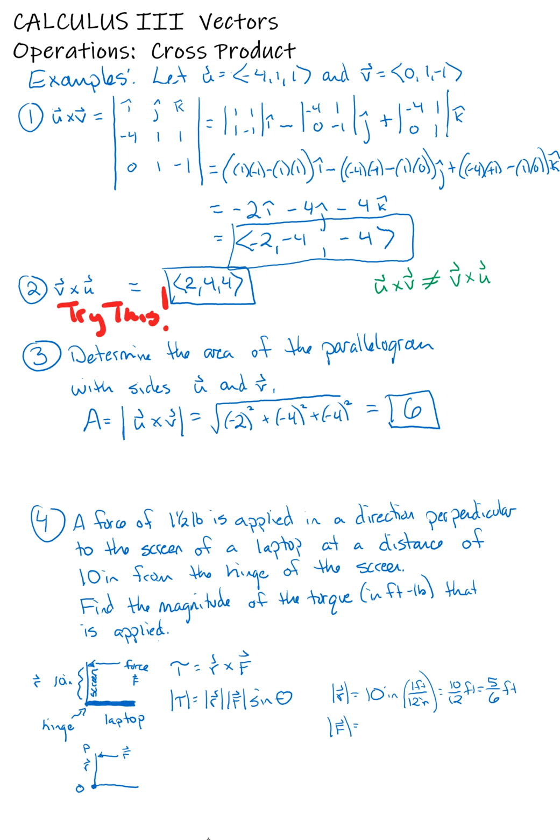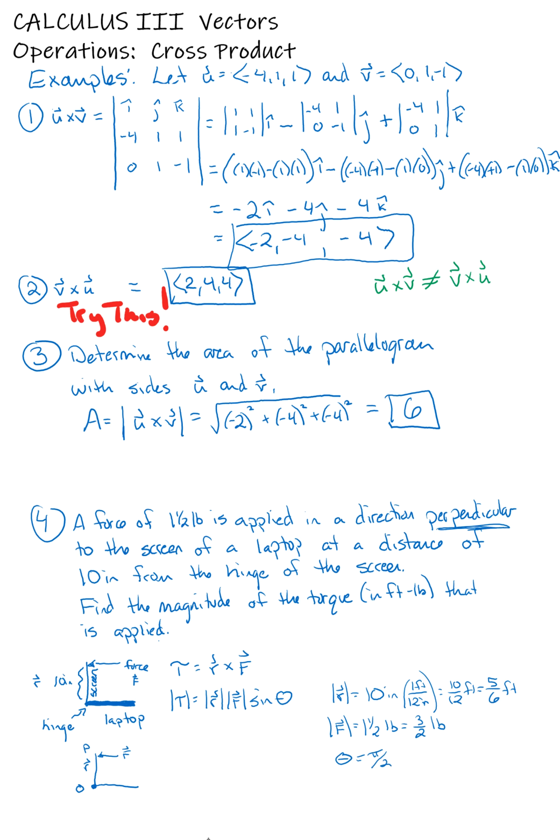Well, that is the 1.5 pounds, which we can write as 3/2 pounds. Okay, so far so good. And finally, we need the angle between them, but we are told that this is perpendicular, so we know that theta is pi over 2, 90 degrees if you will.